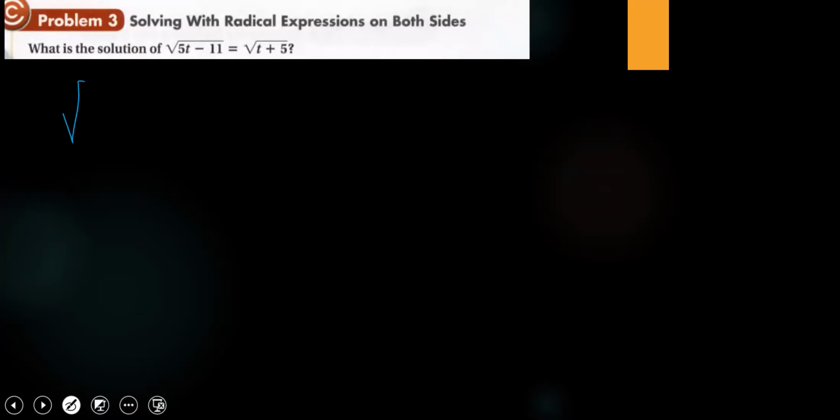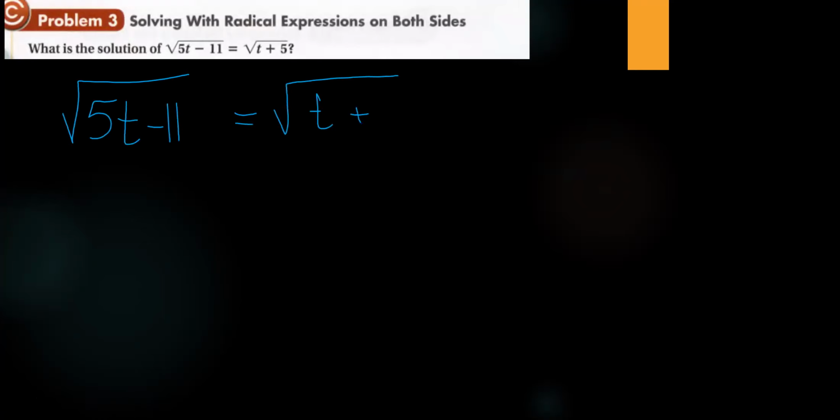Like 5t minus 11 equals t plus 5. To solve this type of equation, where we have radical expressions on both sides, the first step is to cancel the square root. How do you cancel the square root?